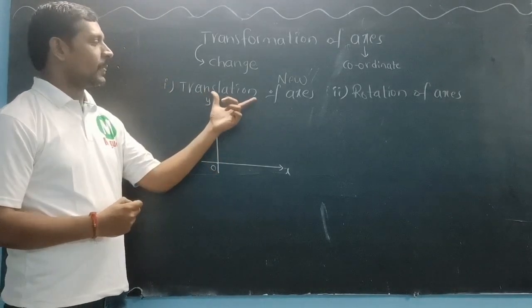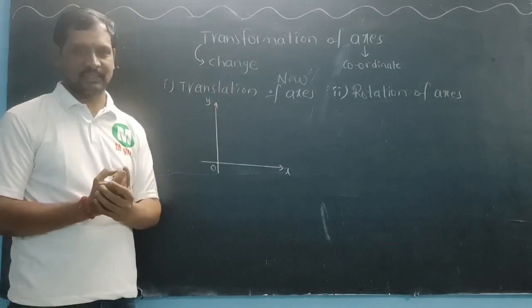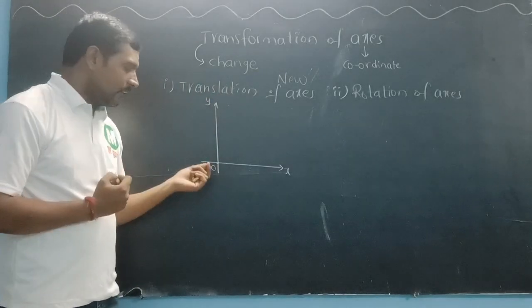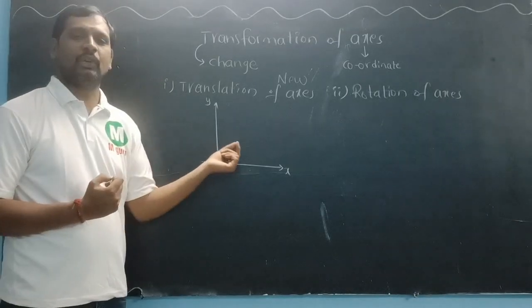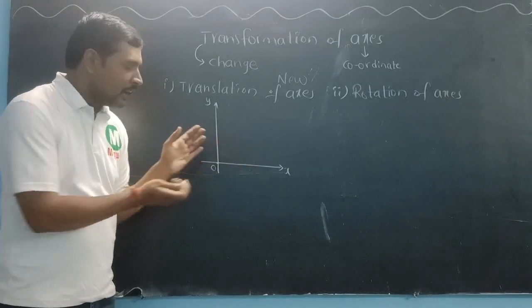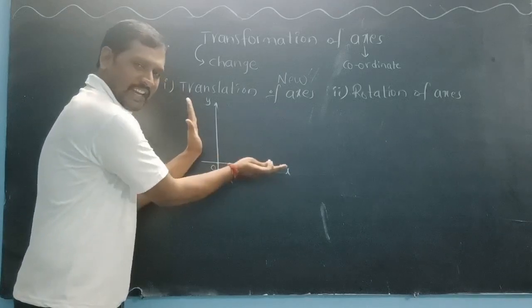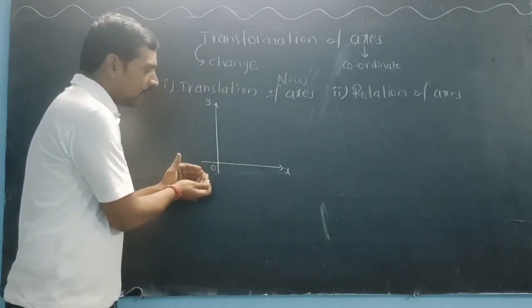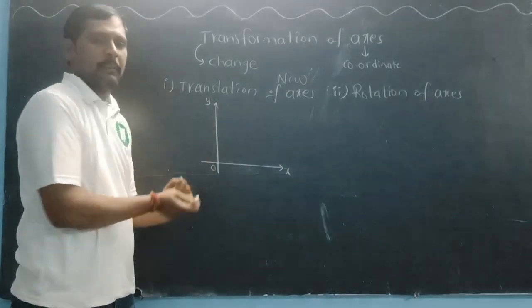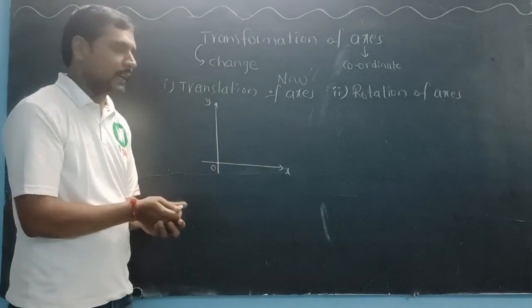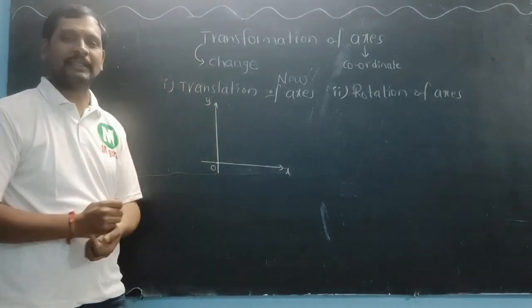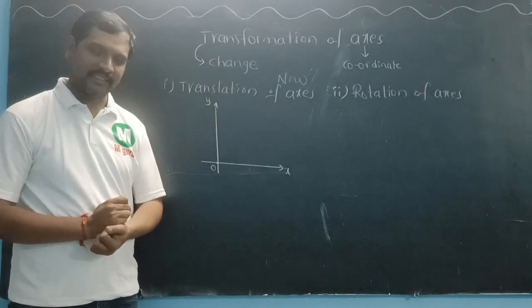So in this, translation of axis is nothing but whenever the origin is shifted to some other point without changing its direction, that is known as translation of axis.